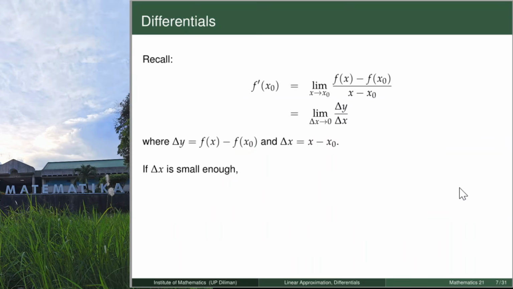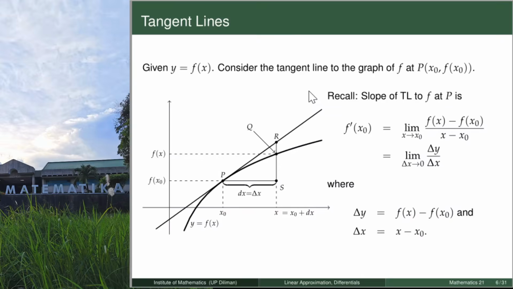Alright? So, what can we say about this equation? This means that if delta x is small enough, and maybe I need to talk about delta x approaches 0. As x becomes closer and closer to x0, we know that delta x is the difference between x and x0, right?